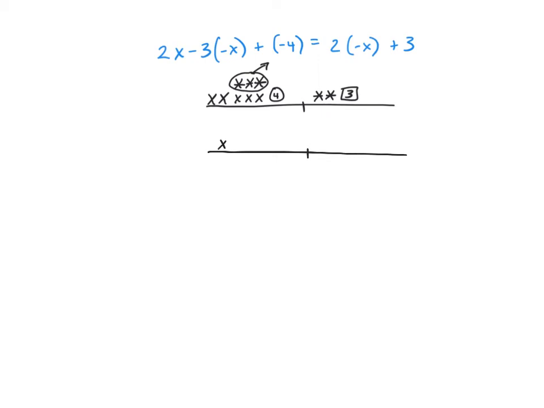And after I have taken away those stars, this is what it looks like. We'd have 5 x's, a -4, 2 stars, and a +3. I'm going to try to get rid of the -4 on the left-hand side and leave all my numbers on the right-hand side.